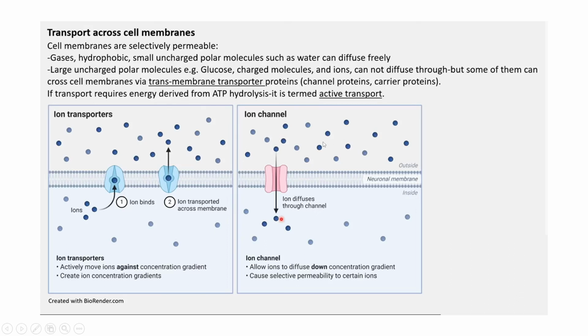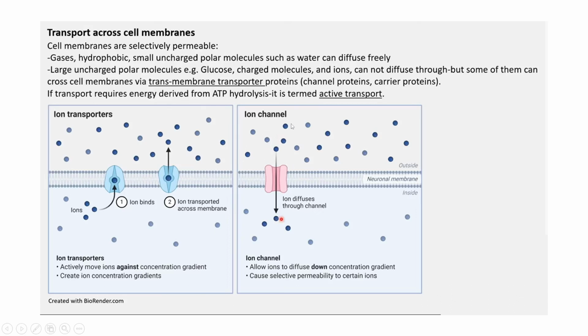So if higher ions are present on the outside, and inside there is a low amount of ion concentration, then by these channel proteins, the ion will get diffused from the outside to the inside, based on the concentration gradient. It is not a single flow. If the concentration of ion in the inside is higher, then these channels will diffuse the ion to the outside. It is not unilateral in direction. It can be bilateral.